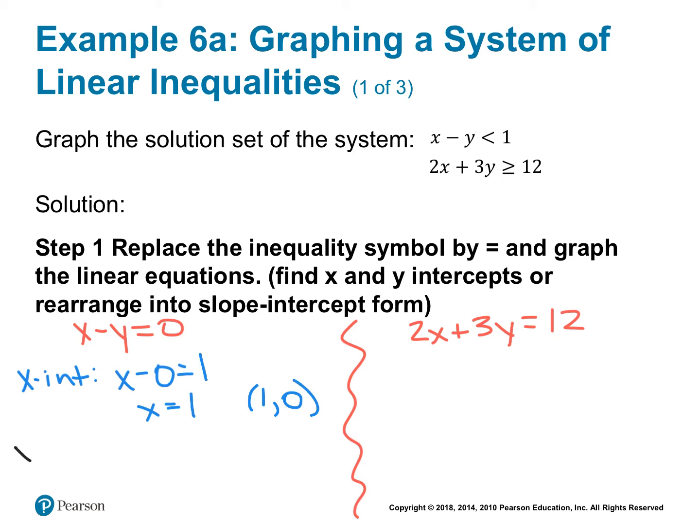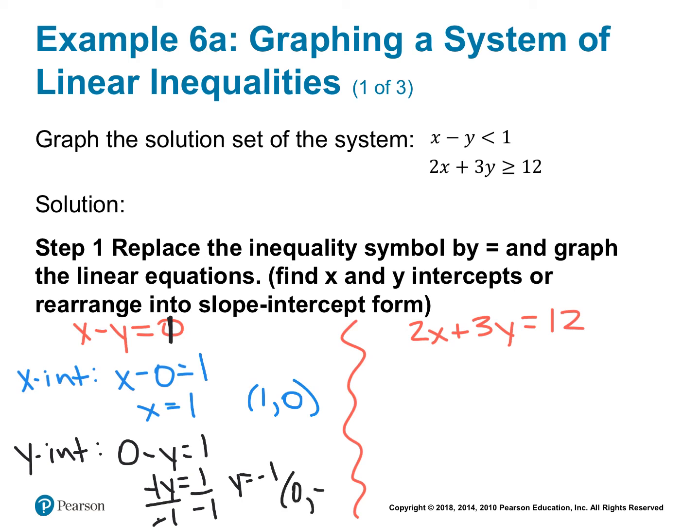And then our y-intercept, again, this should be a 1, is when the x is 0. So that's negative y equals 1. So if you divide by the negative, that's like a negative 1. You get y equals negative 1. So the y-intercept when x is 0 is negative 1. So those are our two intercepts for that one.